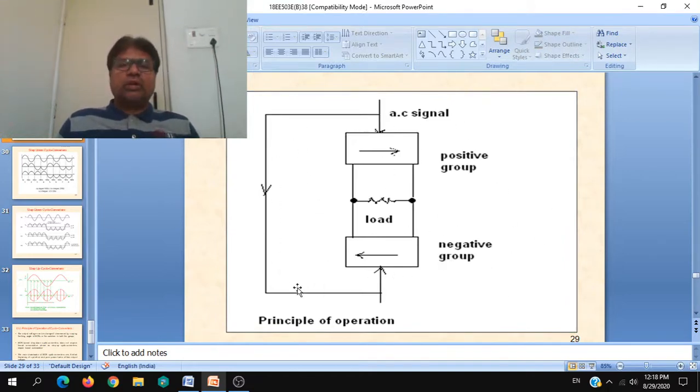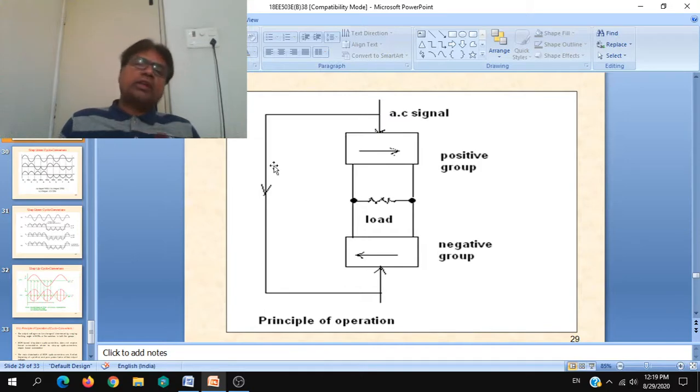This will also be good. So this is your AC supply, and between the load and AC supply, you will have these controllable power electronic devices. Just think of them as SCRs, positive group and negative group. Irrespective of the nature of the supply, that is at that particular instant whether it is a positive half cycle or negative half cycle, depending on the nature of half cycle you want across the load, that group you will operate.